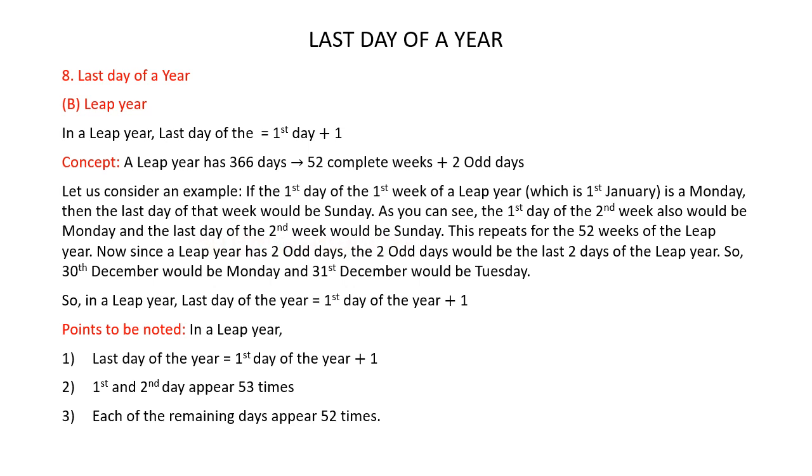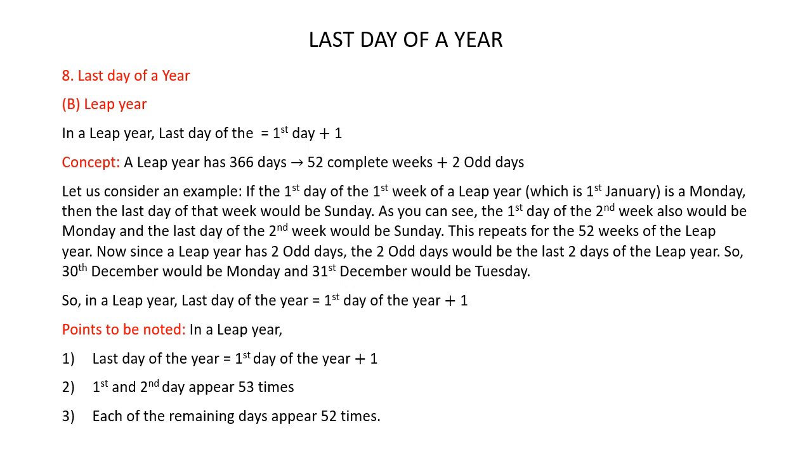Now, since the leap year has 52 complete weeks, this repeats for the 52 weeks of the leap year. That is, for 52 weeks, the first day of the week is Monday and the last day of the week is Sunday. Now, a leap year has 2 odd days and these 2 odd days would be the last 2 days of the leap year.